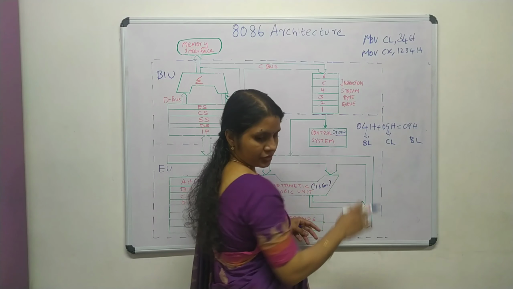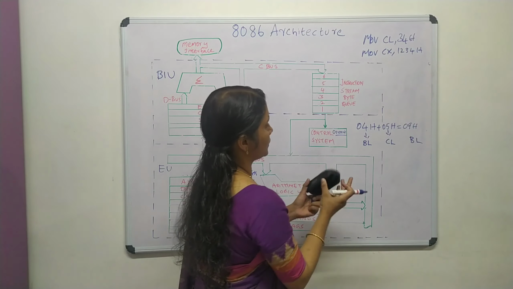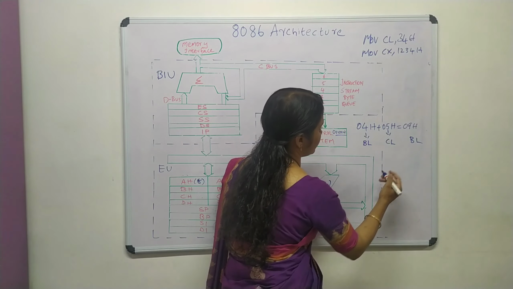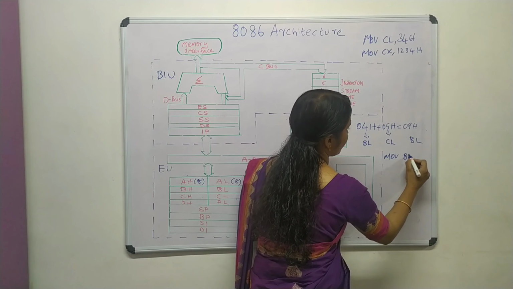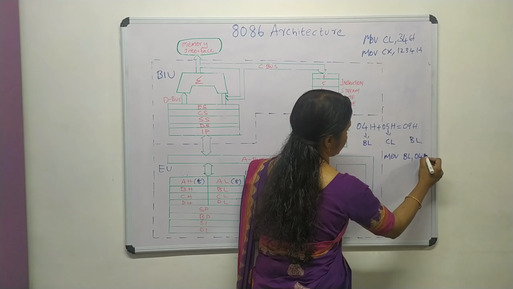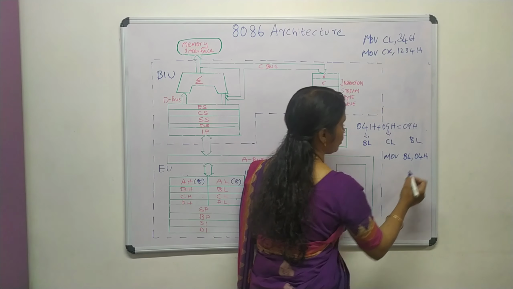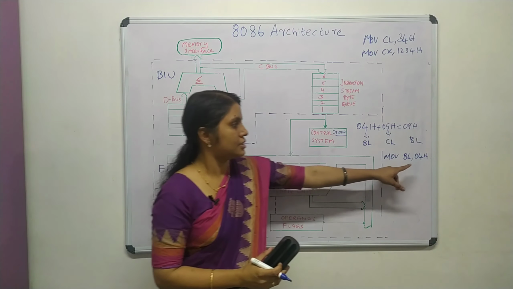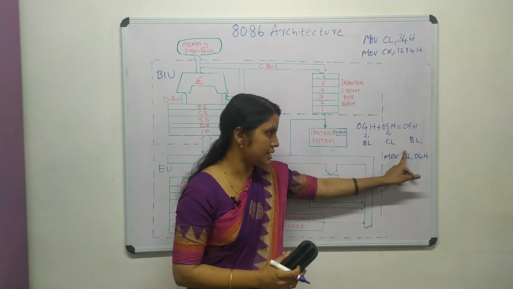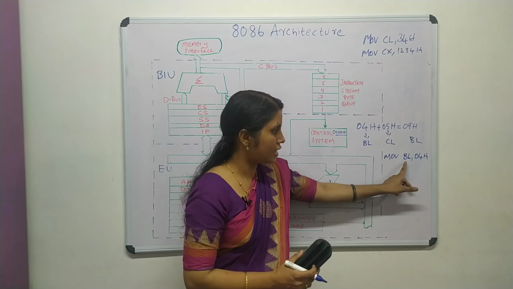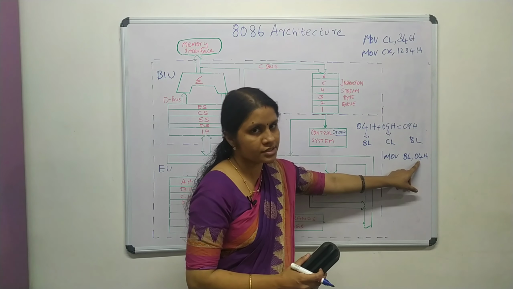We can write MOV BL comma 04H, that is BL gets the value of 04H. This is the destination and this is the source. Here BL will get the value 04.